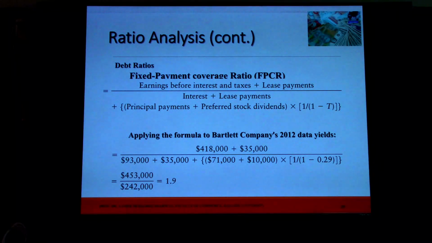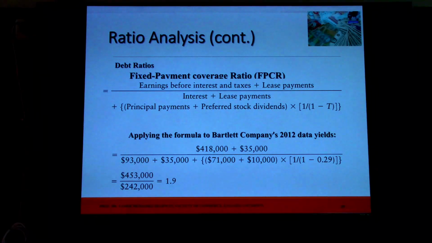In our example, earnings before interest and taxes is 418,000, the lease payment is 35,000, then in the denominator interest is 93,000, plus 35,000, plus a principal payment of 7,100 plus preferred stock dividends, توزيعات الأسهم الممتازة. You take the sum of 17,000 plus 10,000 and multiply it by 1 divided by 1 minus T, which is the tax rate. This will equal 1.9.